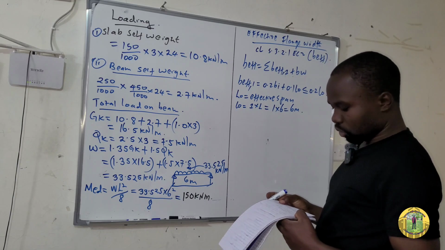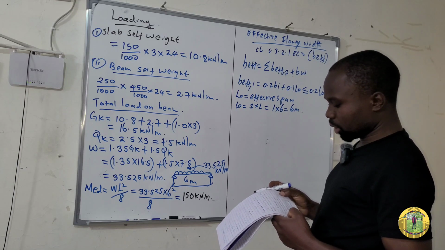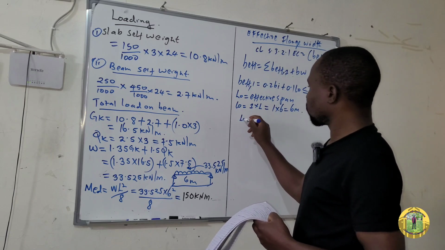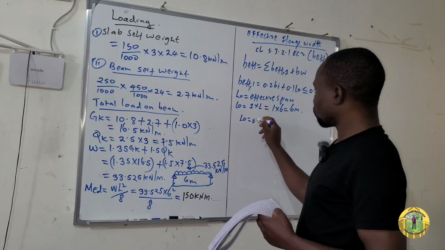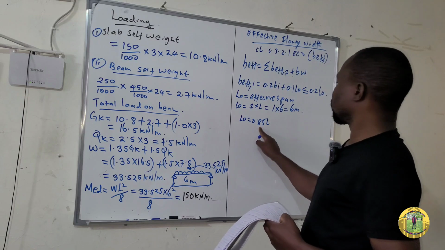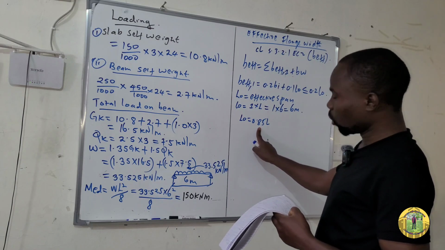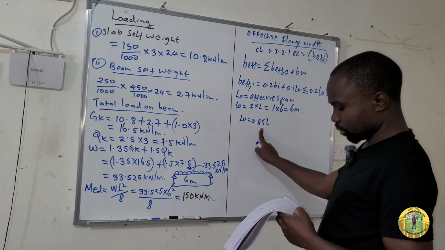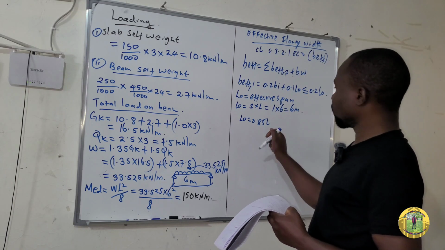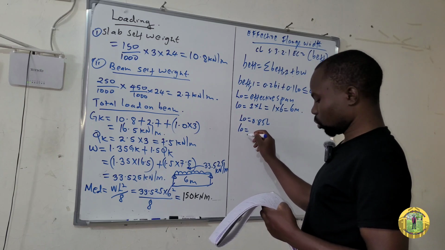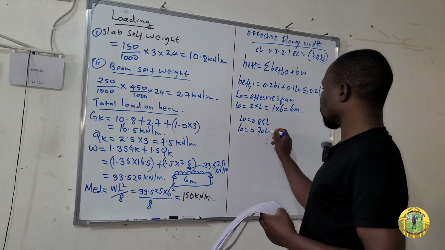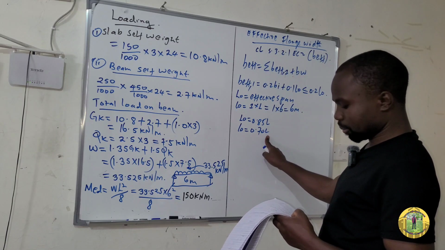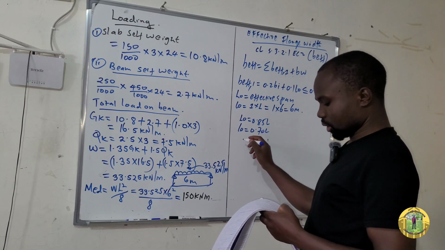What about for end of continuous beam? So for end of continuous beam, L0 is given by 0.85 L. And interior span of continuous beam, L0 is equal to 0.70 L. And then you have the cantilever.